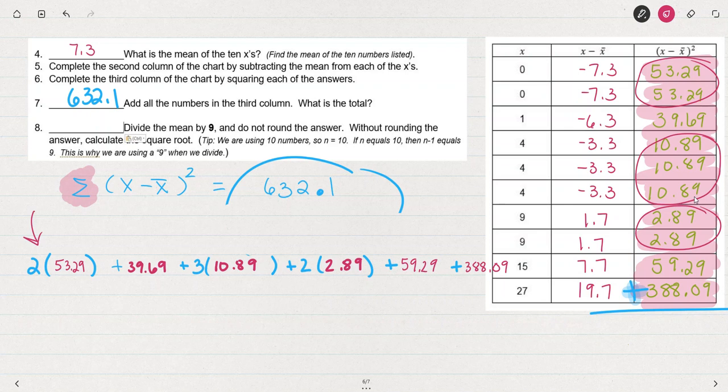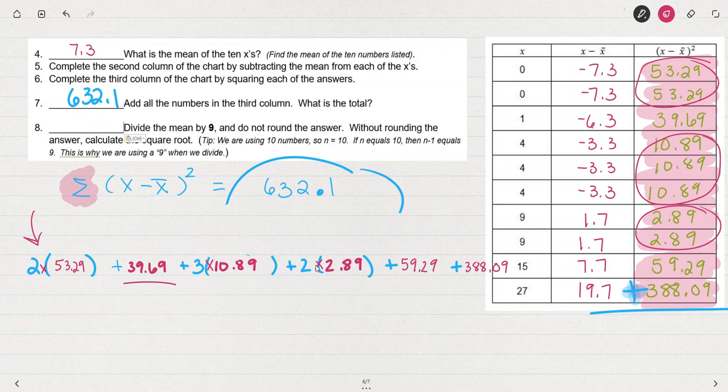I have grouped them together, and instead of saying 53.29 plus 53.29 plus 39.69 plus and so on, what I've done is group them together, and on my calculator in one swoop I did 2 times 53.29 plus 39.69 plus 3 times 10.89 plus 2 times 2.89 plus 59.29 plus 388.09.